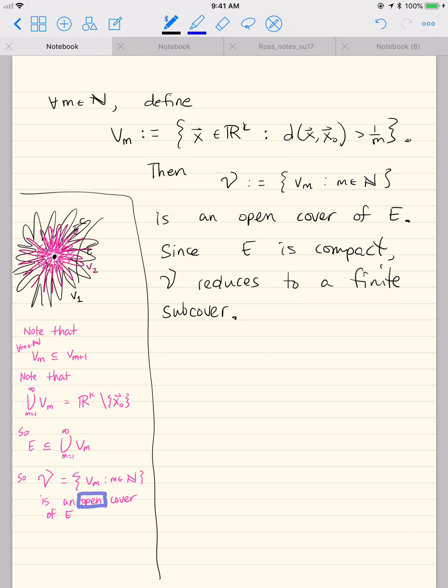In other words, there exist finitely many V sub m which cover E.